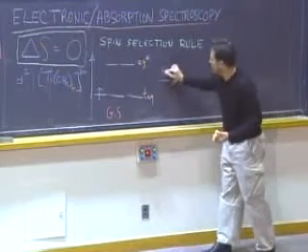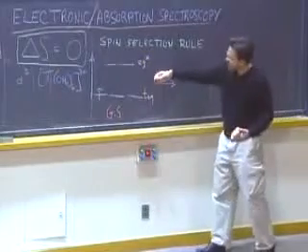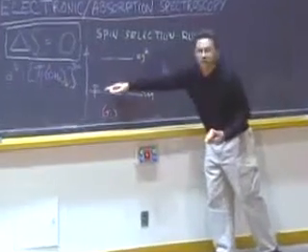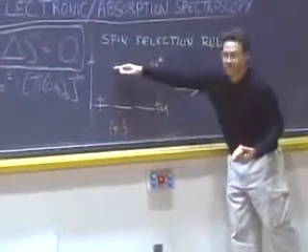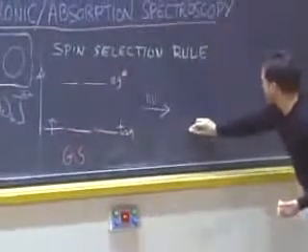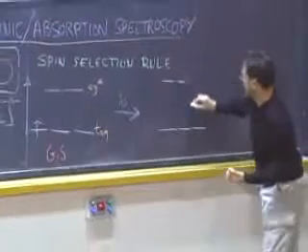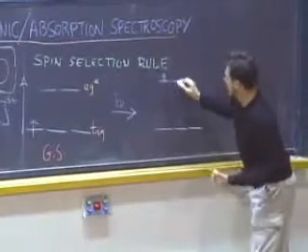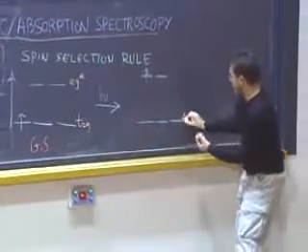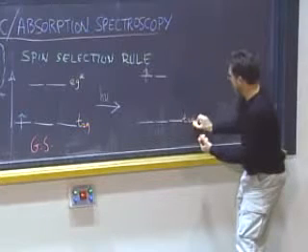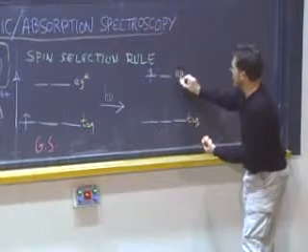If a photon comes in of the appropriate energy, delta O, to promote the electron into EG star, then that transforms the system into an excited state as follows, with a configuration T2G0 and EG star 1.